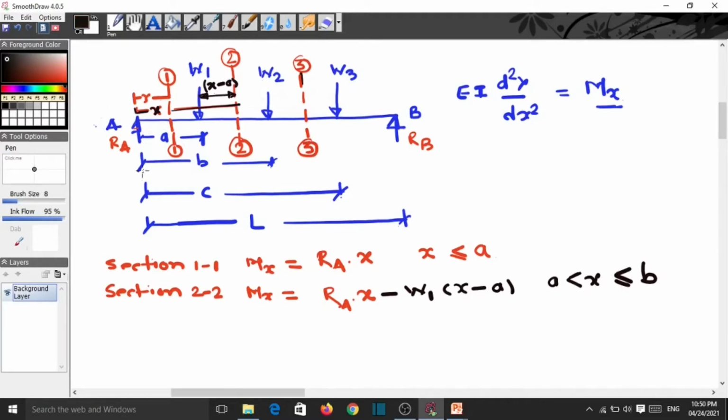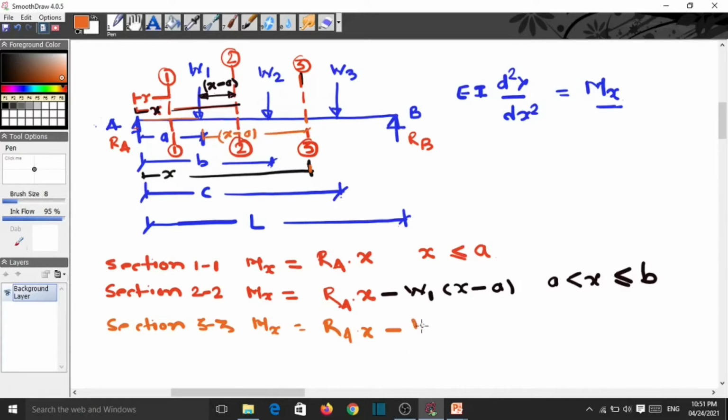For section 3, Mx is equal to, again we write the bending moment equation for this section. This is RA into x, then minus W1 into x minus A, as in the previous equation.